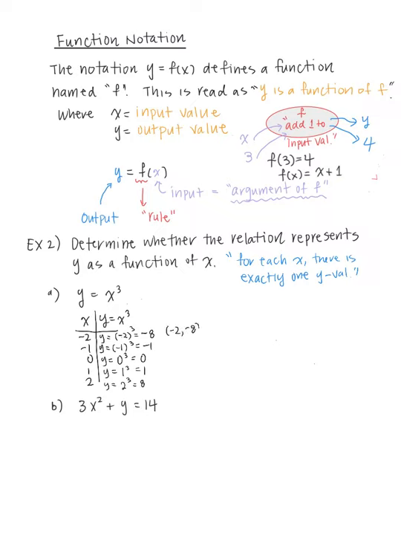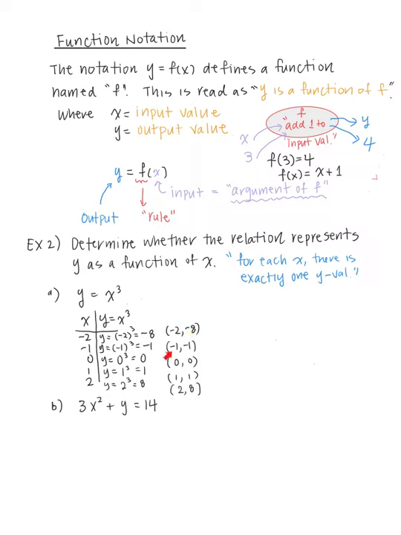-2, -8; -1, -1; 0, 0; 1, 1; and then 2, 8. Okay, so for every value of X, is there exactly one Y value? I believe so, because look, when X is -2, there is only one Y value, which is -8.